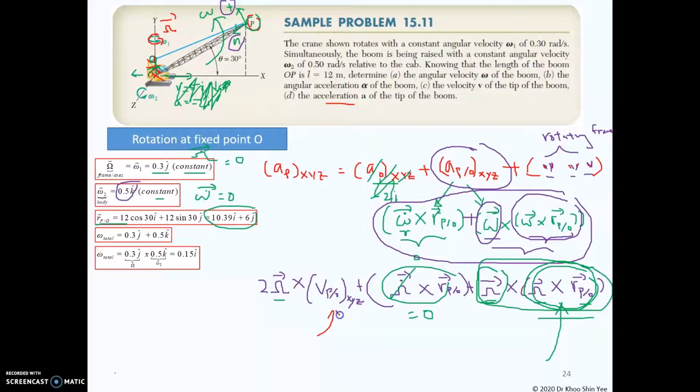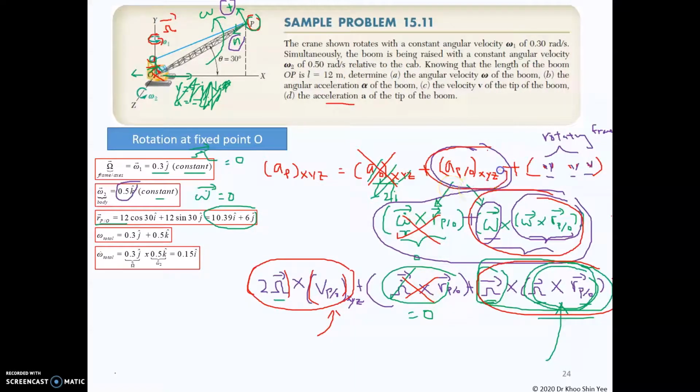After you substitute inside here and take the cross product between this component and this component, you can get the Coriolis acceleration. This is 0 as well as these two components, so we can cancel it. And this component is divided into these two components already, so we can take it out.